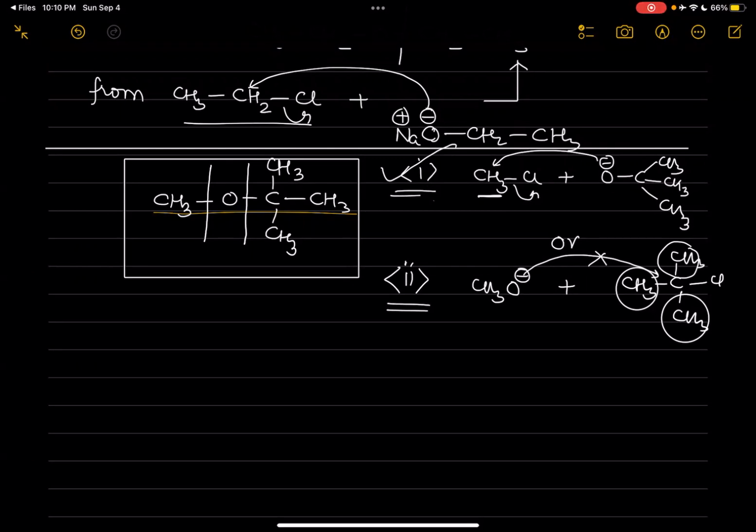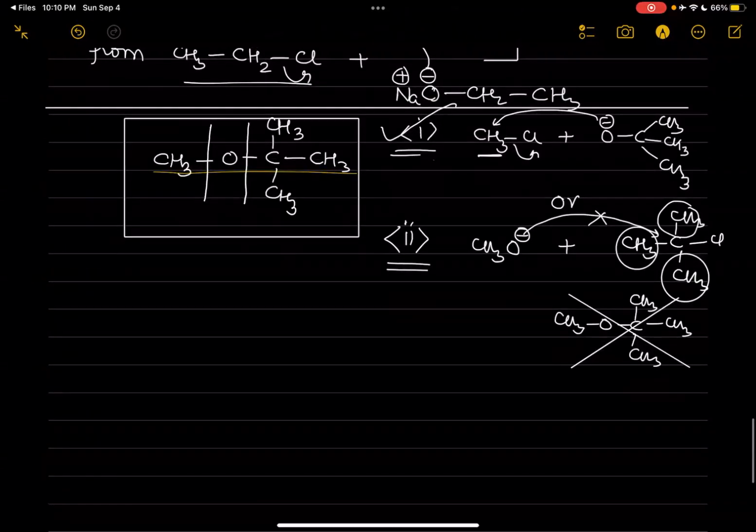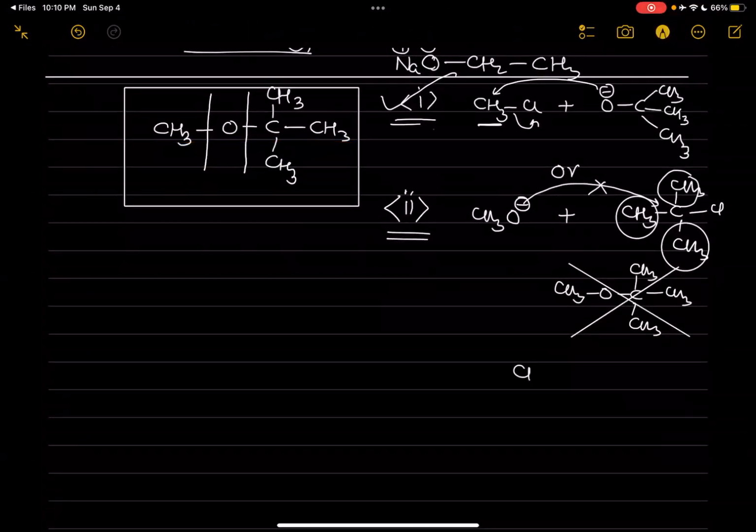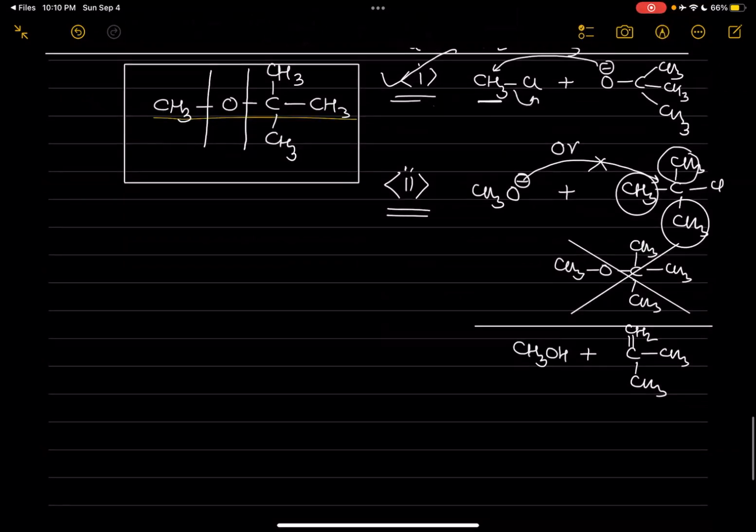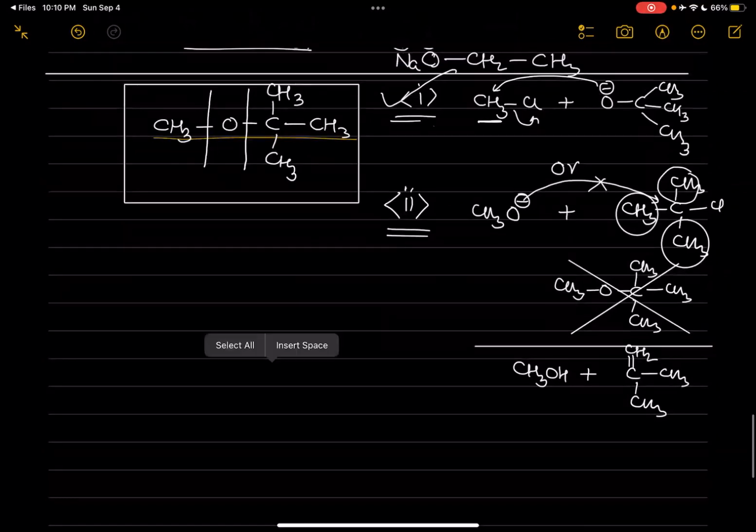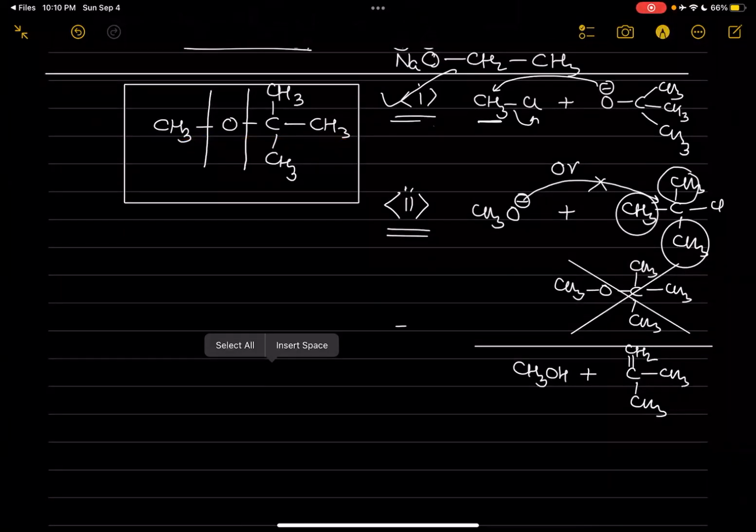You will not get the ether. Instead, you will get an alkene and CH3OH. Clear? So elimination will happen.